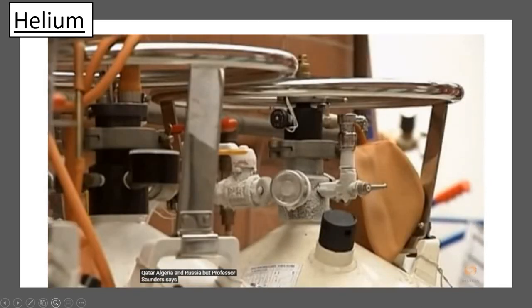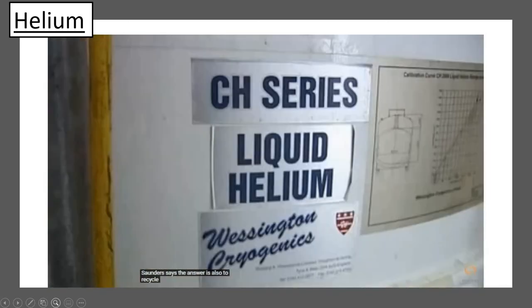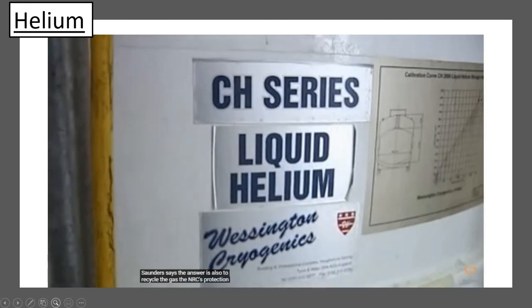But Professor Saunders says the answer is also to recycle the gas. The NRC's projections of future demand are that supply should meet demand until about 2020. What should happen and can happen to dramatically improve the situation is that all users of helium should be recycling that helium, just as we do here in this laboratory.